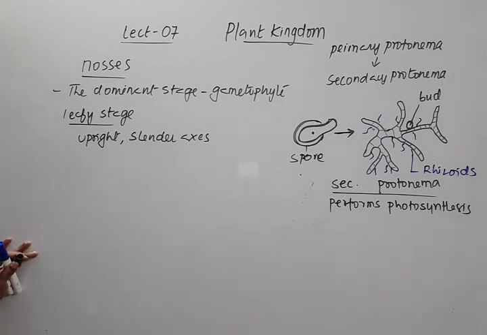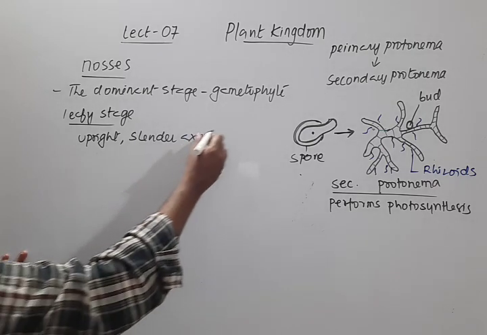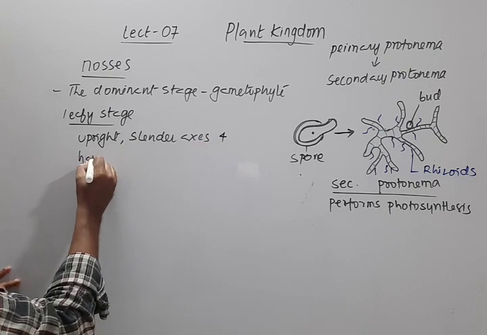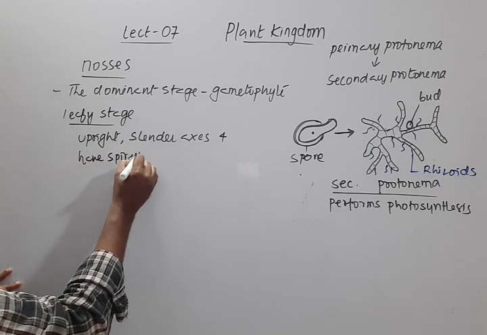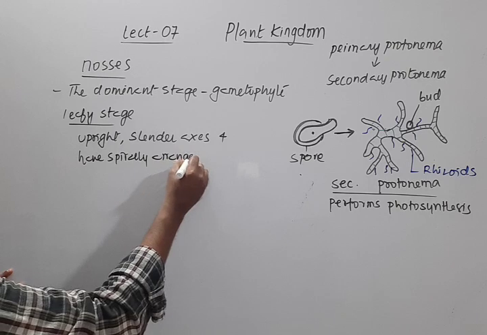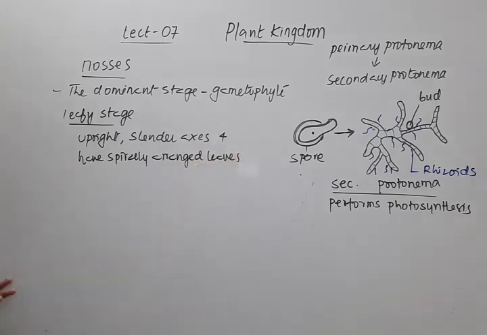So a thin axis will be present, and it will have spirally arranged leaves, right? And this one is attached to the soil through multicellular and branched rhizoids. So that part we will see.